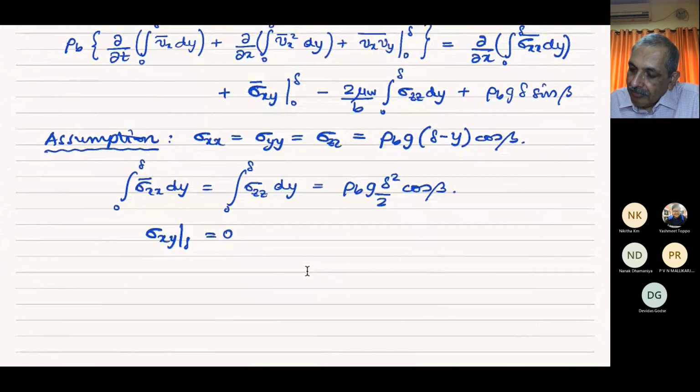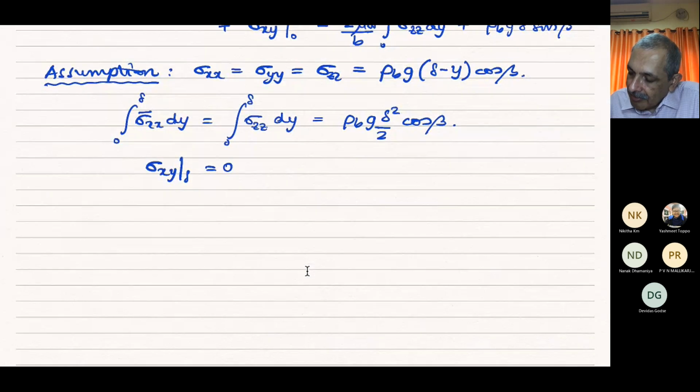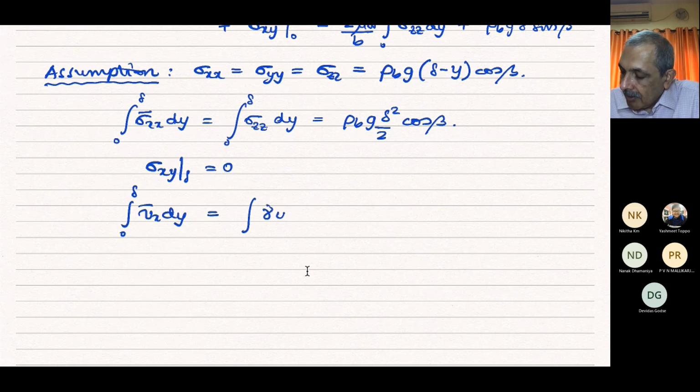We already know what Vx is. So we also know that the integral of Vx bar dy from 0 to delta is just equal to the integral of gamma dot y dy from 0 to delta, and so there is just gamma dot delta squared by 2. So that is what Vx average is.